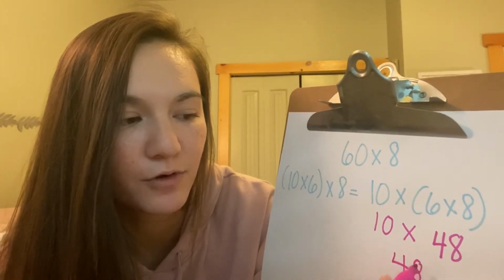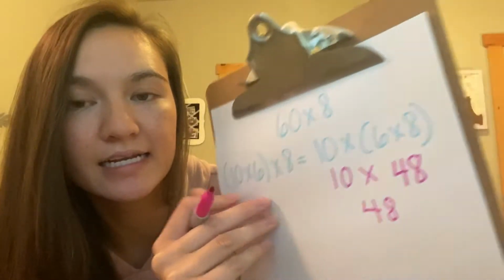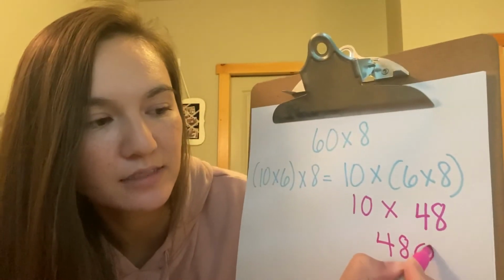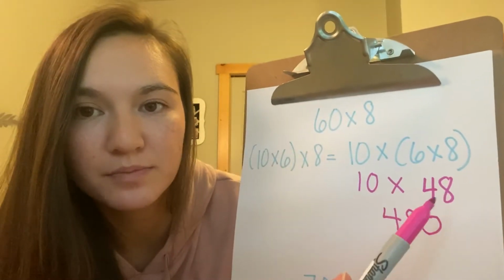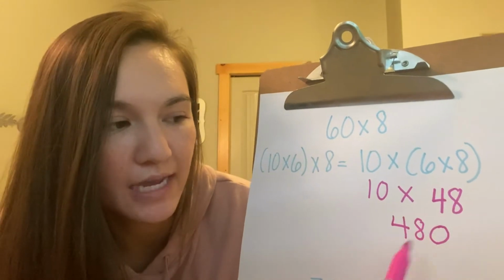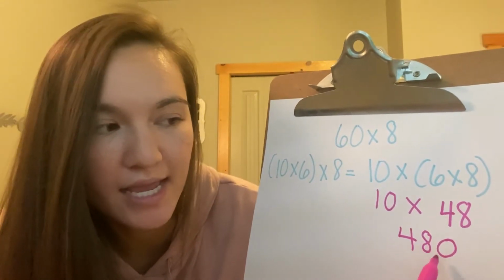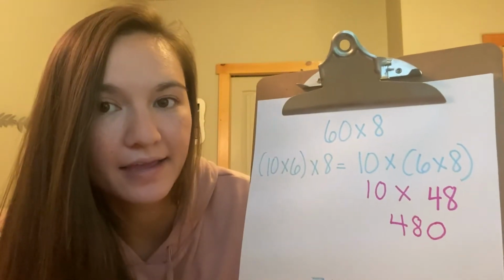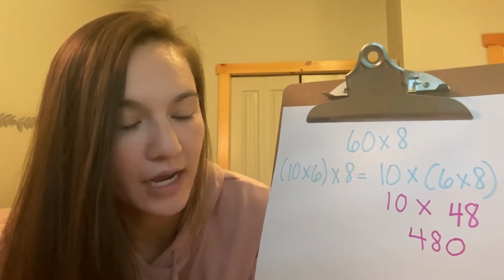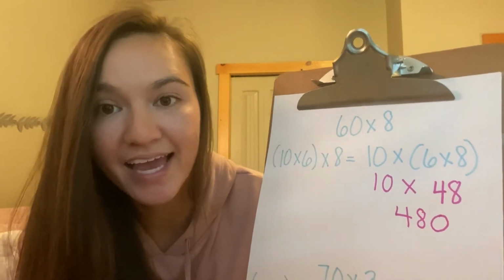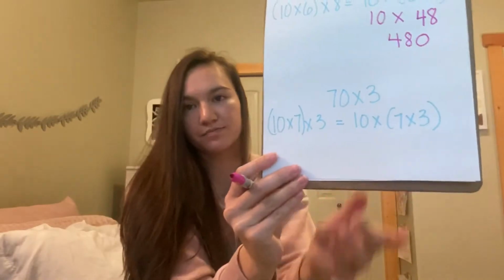So now I have 48, and we're going to add in a 0 at the end as a placeholder by multiplying by 10. So now my answer becomes 480. Okay. So now I want to show you it again using a different equation.